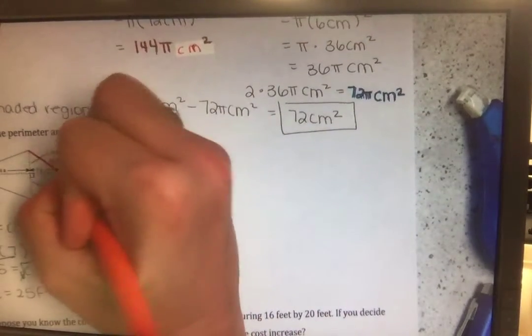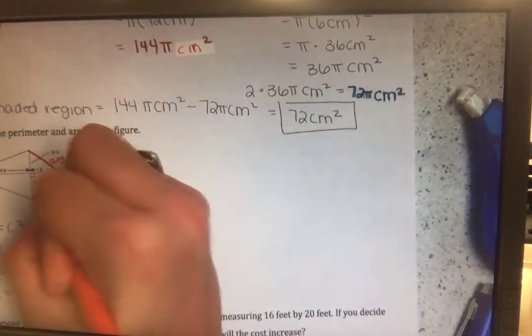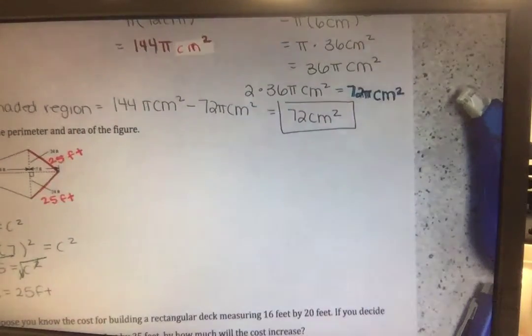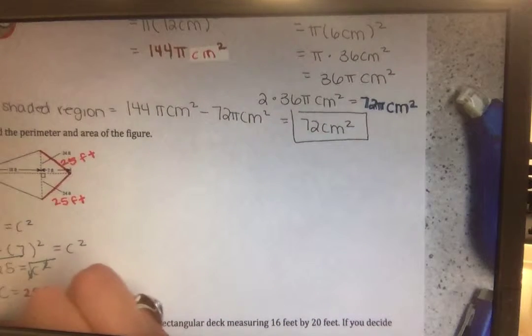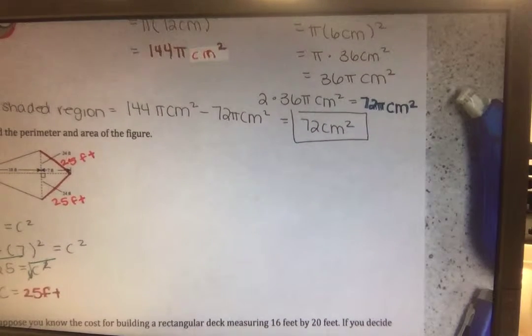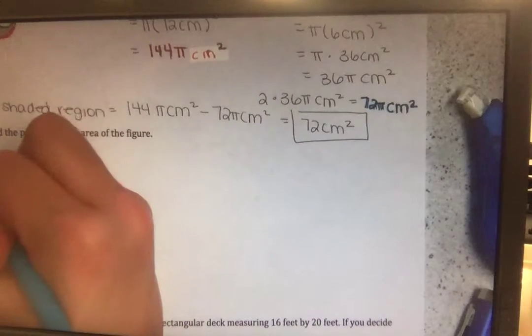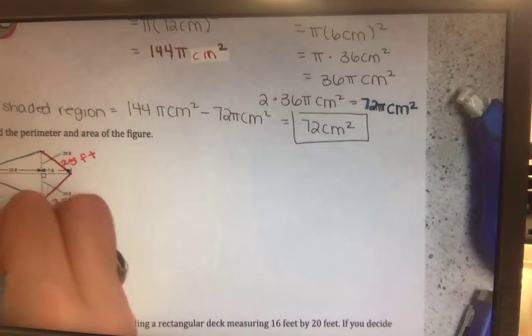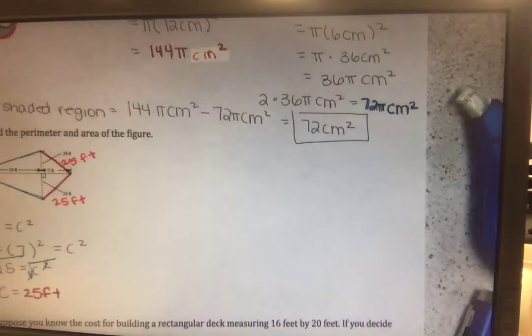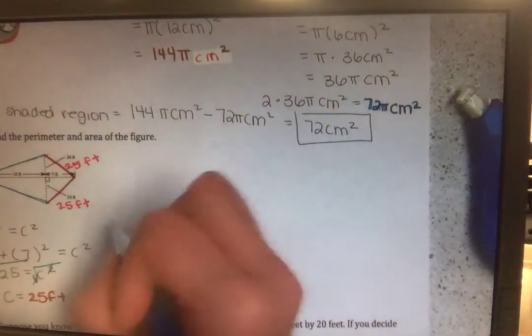So this length is 25 feet. So we're going to do the same thing for the other two lengths. So we know this length and this length are the same because they have the same bases. They have the same legs.